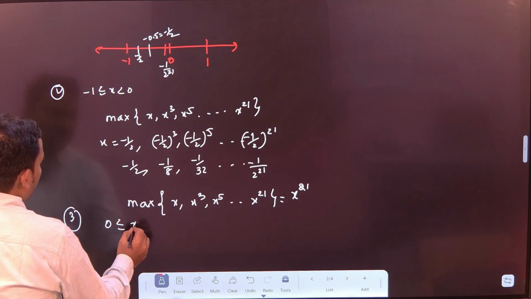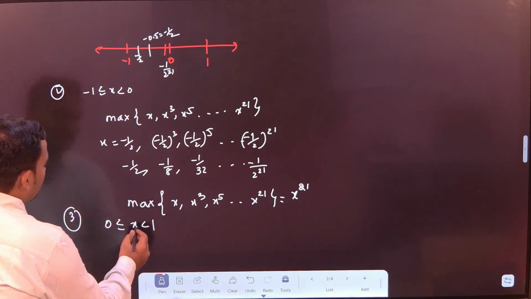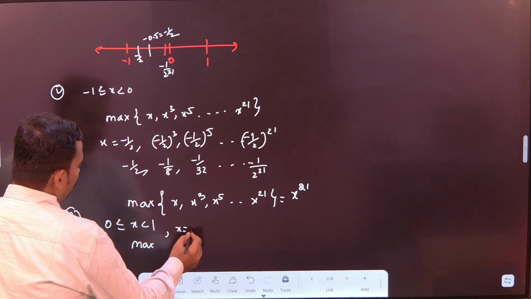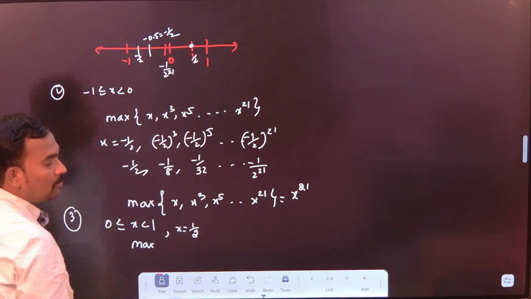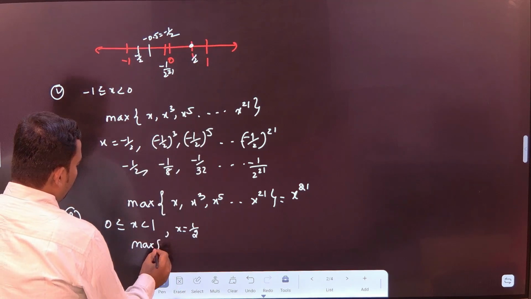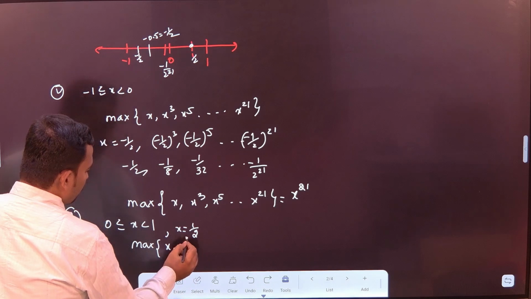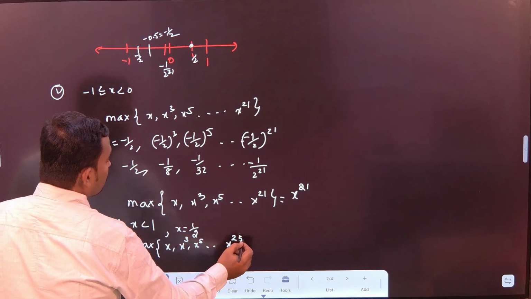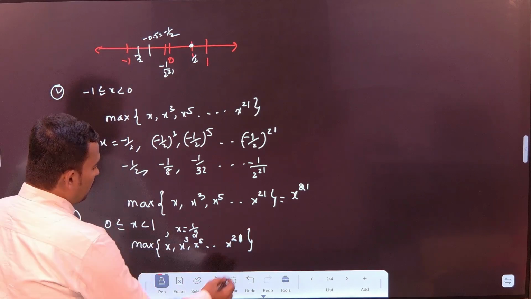0 to 1, you can take. Okay, 0 to 1. Let us take an easy number, 1 by 2. So the maximum of x, x cube, x power 5, and so on, x power 21.